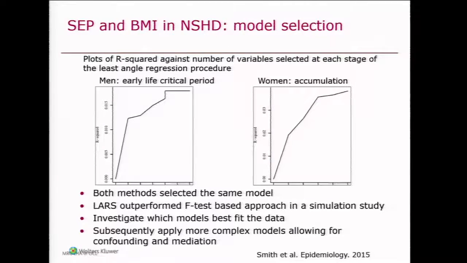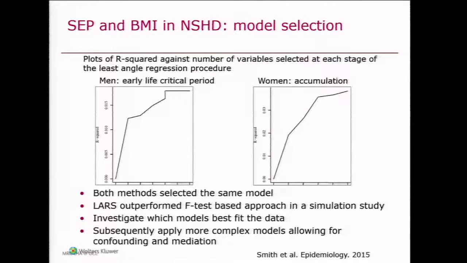And these did select the same models as in our original example. For the men, that was the variable that encoded the early life critical period, and for women, it encoded the accumulation. What they showed in the first paper was that LARS outperformed the F-test approach in simulation studies.